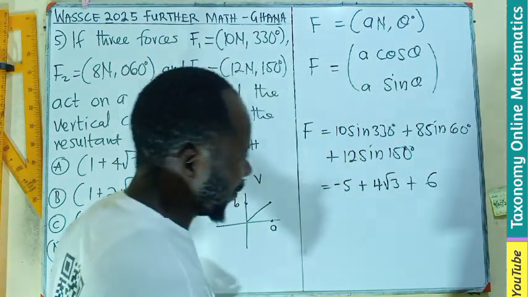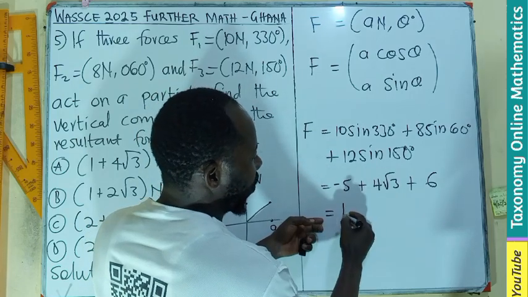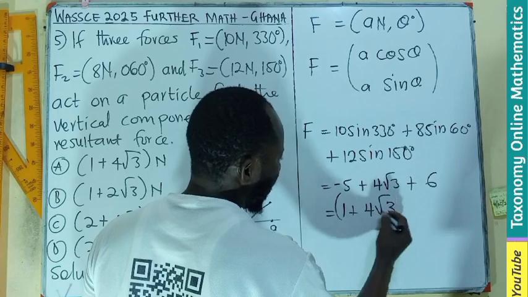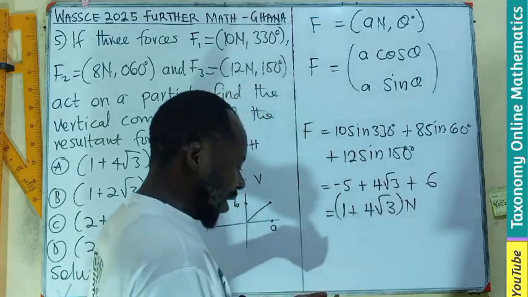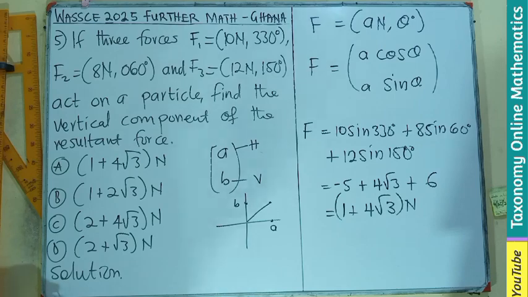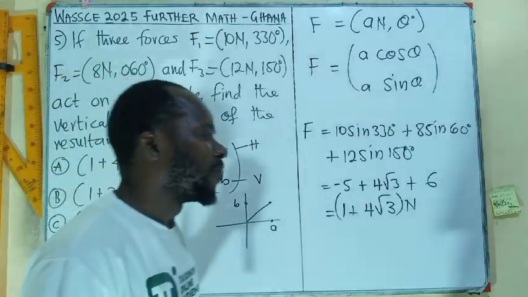In adding these, remember this and this can be added to give us 1 + 4√3. If we check the options, that is going to give us option A, so this will be our option A as the best answer.